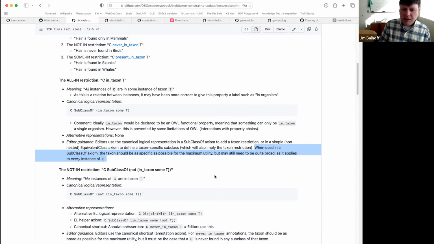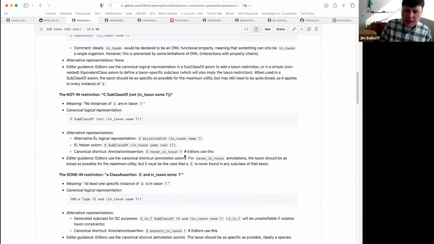For imaginal disk development, we added GO has always in arthropods, but actually we could make it always in insects, and that would still be true. But if you go any more specific than that, it's going to be wrong, because it's not always in beetles or something, because it's also in other insects. So for this one, it's good to be as specific as is true.